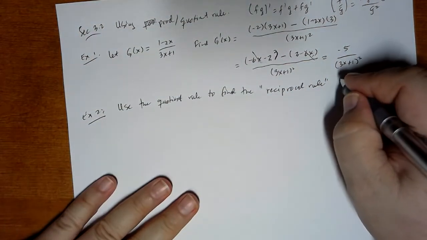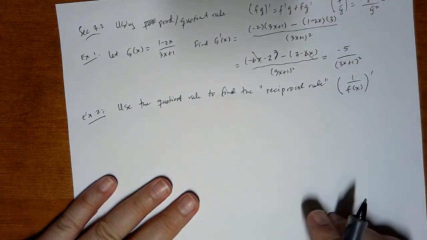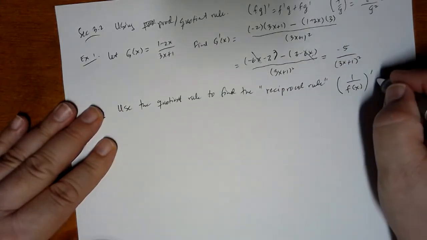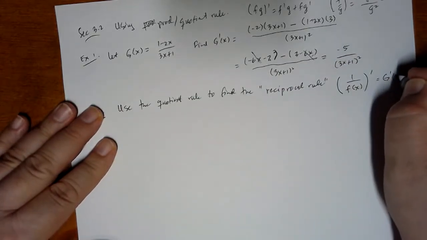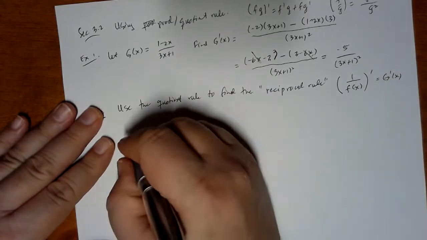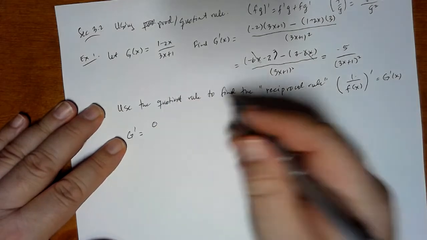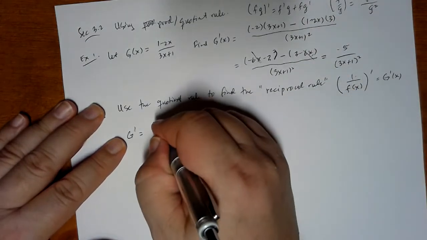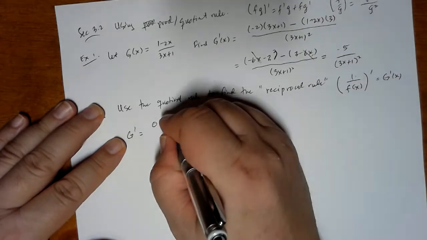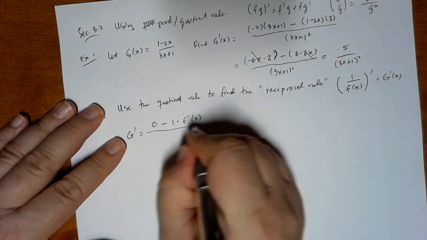So suppose that we just have 1 divided by f of x, and we want to take the derivative. What would that look like? Let's call this g. Then the derivative of g will be the derivative of the top, which is 0, so it doesn't matter what else comes after, minus the top function times the derivative of the bottom, divided by the bottom squared.